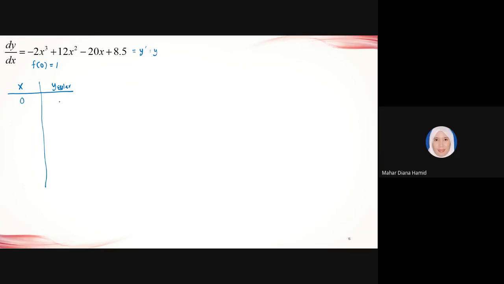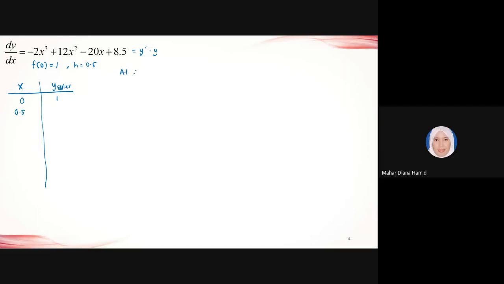So if we try to find the value of y Euler's, if you try to get this value here, this is actually 1. And the second step is 0.5 due to the fact that h is actually 0.5. So what we are going to do is to start with 0.5.